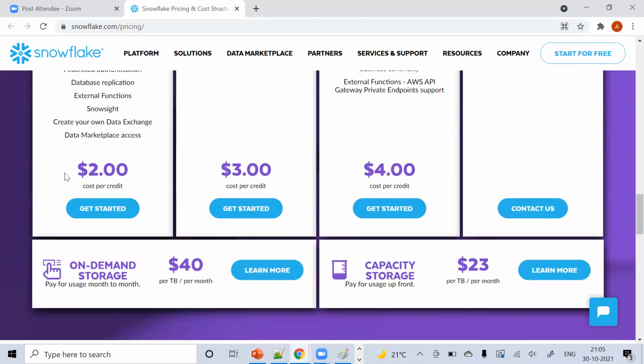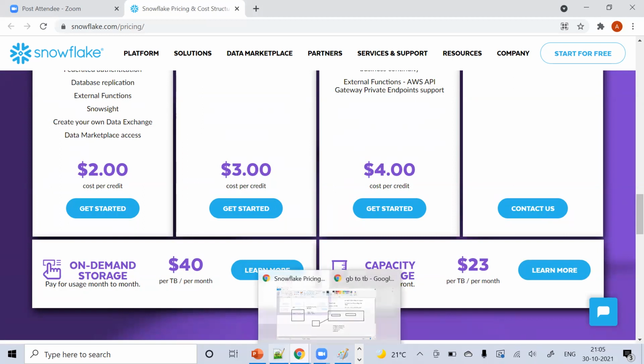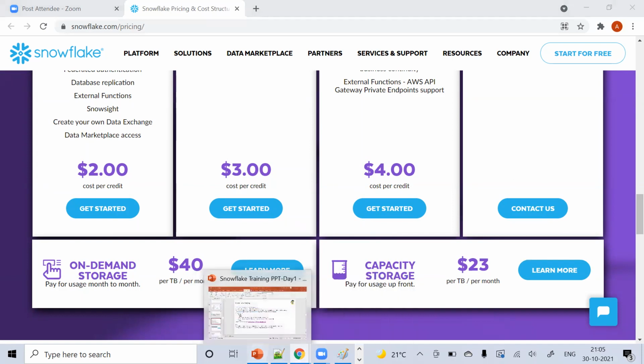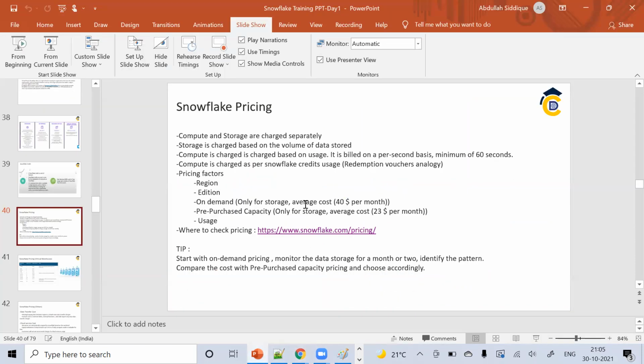Always remember, compute resources have credits, storage doesn't have credits. They have two pricing models, on-demand and pre-purchase. This is the formula that we just saw, $40 per month. This is an average price we took, and it is not necessarily always the same, which is why I mentioned the average cost.